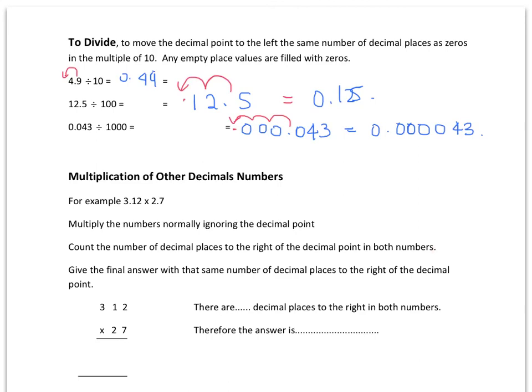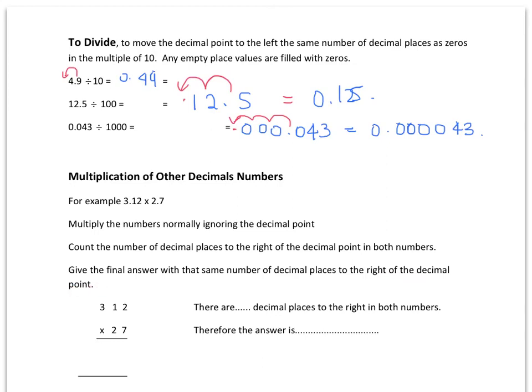So for instance, 1 place to the right-hand side of the decimal point in 2.7 and 2 places to the right-hand side of the decimal point in 3.12. So we have 3 decimal places that need to be accounted for in the answer. So then we give the final answer with the same number of decimal places to the right of the decimal point.